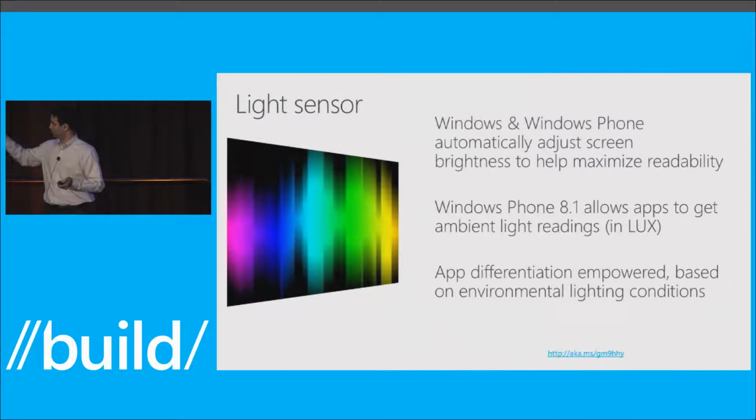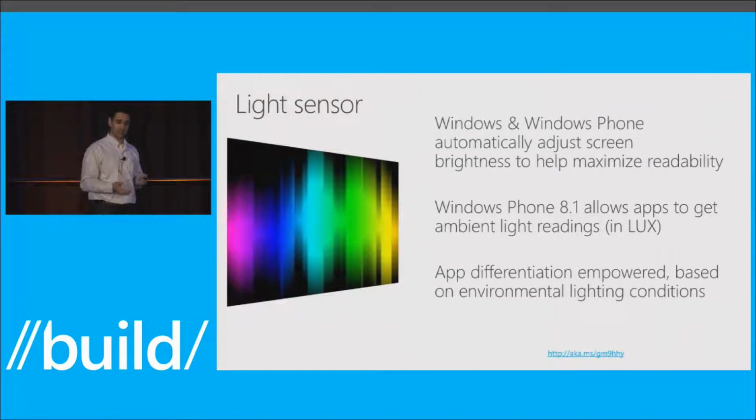Plain and simple, there are things that Windows will do with respect to the brightness control so that you can go through and read it in the different lighting conditions. But number two, and this is probably the more important thing, is it's meant to reduce eye strain. So when you're reading on a particular device for an extended duration of time, there are things that applications can do beyond what Windows does to reduce that eye strain.